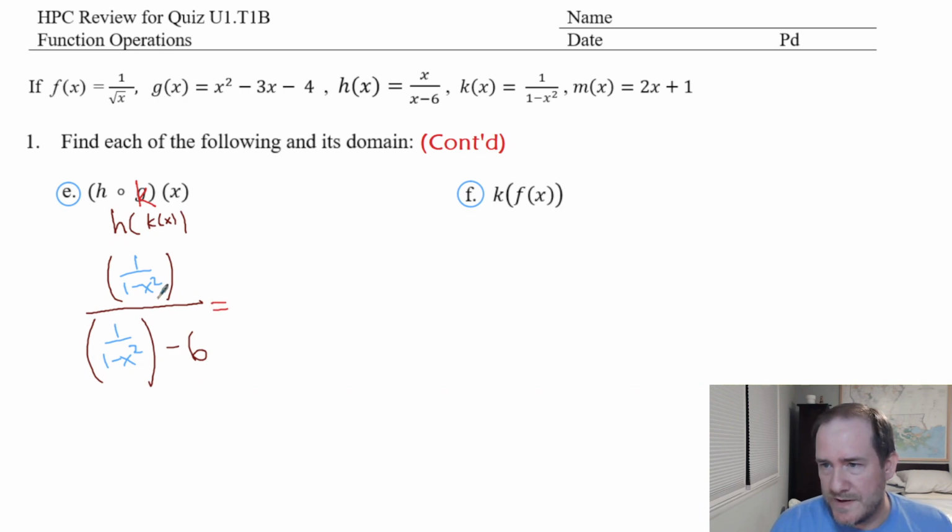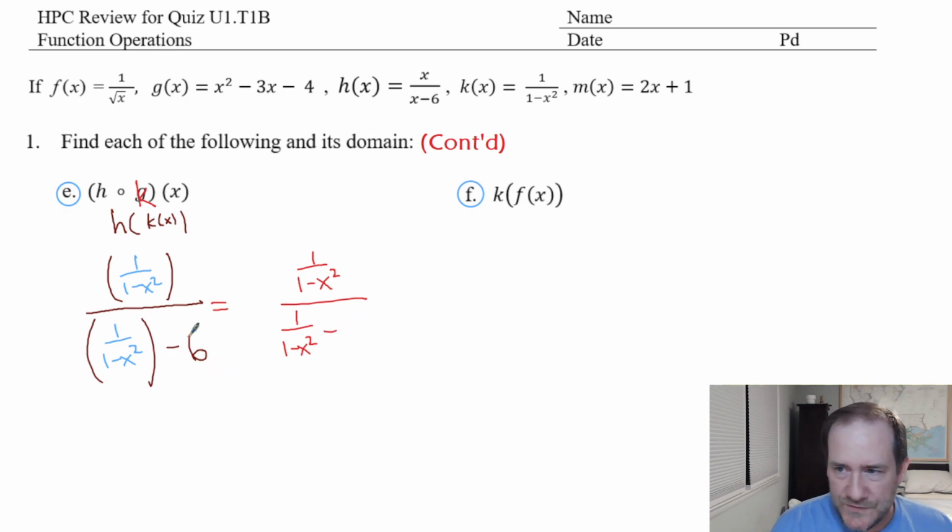Step 1 would be leave the numerator alone. It's just 1 over 1 minus x squared. In the denominator, we need to bring these two terms together. So you get 1 over 1 minus x squared minus, now this 6, that's a 6 over 1. If you multiply by 1 minus x squared over 1 minus x squared, you can generate a common denominator of 1 minus x squared.